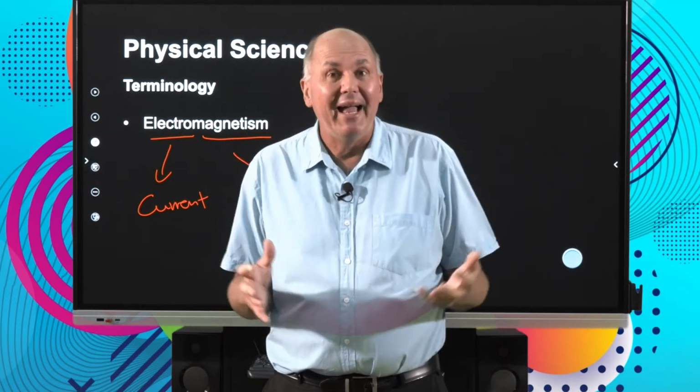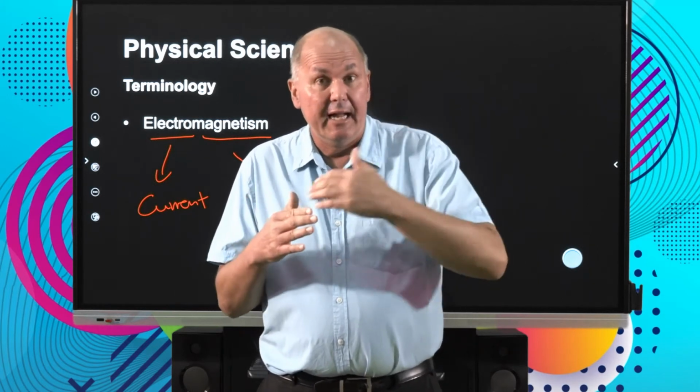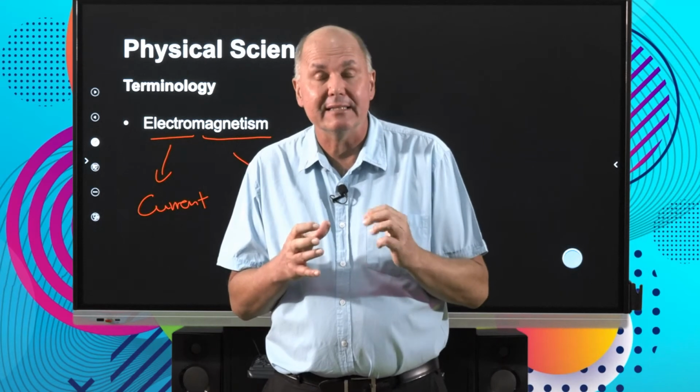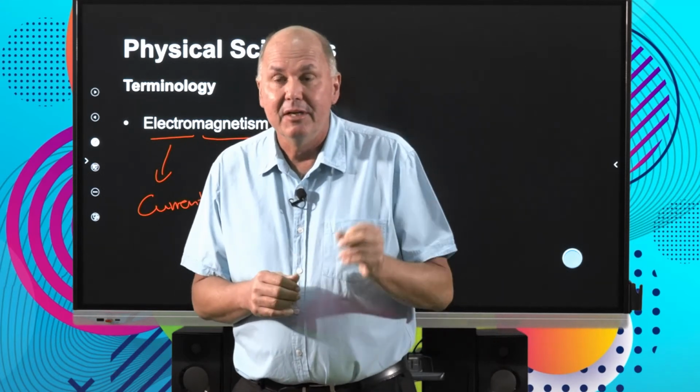It was almost by accident, to find that when there was a current passing through a conductor, there is, in fact, a magnetic field associated with it. And we're going to explore and ask some questions about that to unwrap what this mysterious thing of electromagnetism is all about.